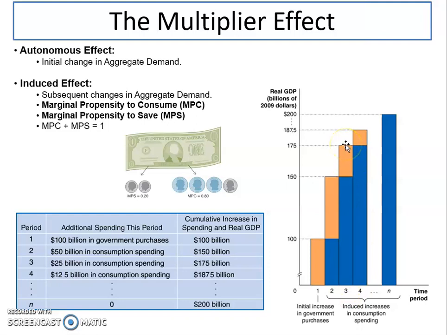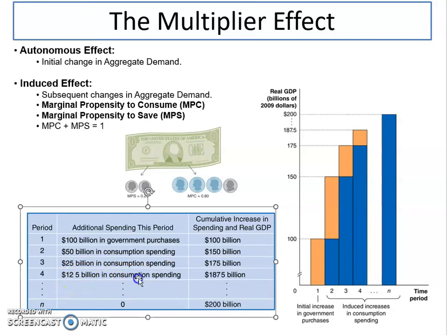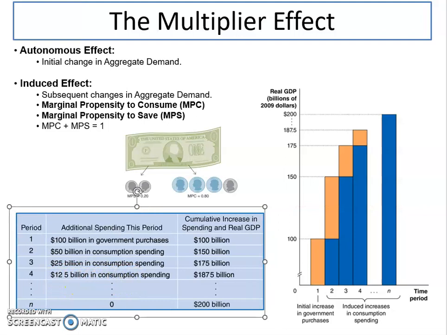We add 25. So we're up to 175. Then we go to period 4. Well, if in period 3, 25 billion in spending occurred and 25 billion in additional GDP occurred, then 25 billion in income flowed to households and they spent half of it. So in period 4, we have 12.5 billion in consumption spending, taking us to 187.5. And the process continues.